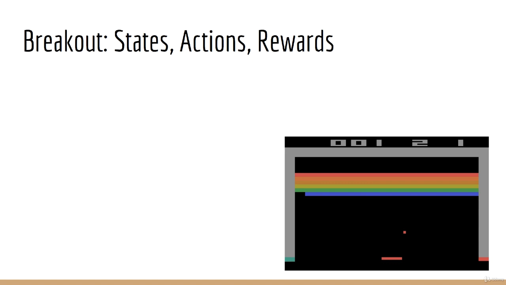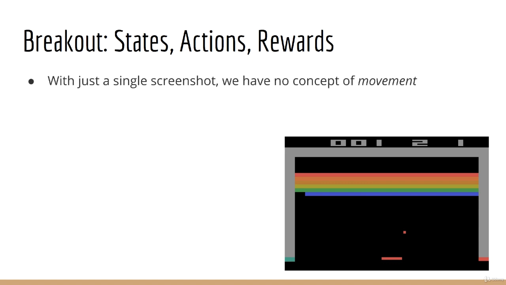One complication that can arise from only looking at images of the screen is that you don't really have information about movement. An image is only a frozen picture of the game at a single point in time. Looking at this image, how can I tell which direction the ball is moving? And so this allows us to consider an important point.